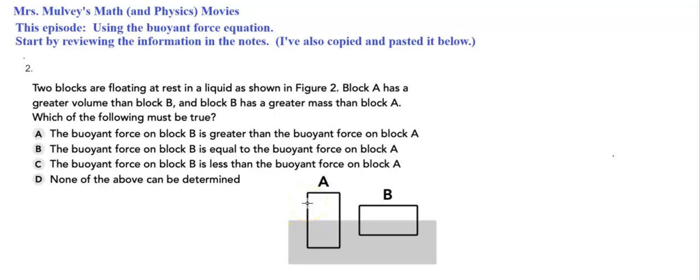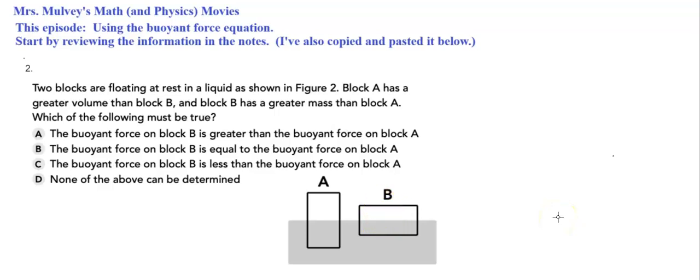You can have a really, really large styrofoam block that has a much smaller mass than a concrete block, even though the styrofoam block might be larger. And so this one has the larger volume. This one has the larger mass.